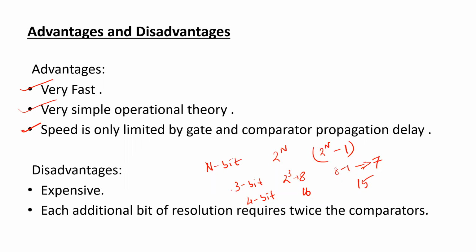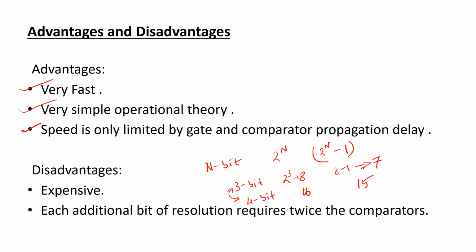So increasing 1 bit at your digital output almost doubles the requirement of the number of resistors and the number of comparators. If it is 5 bits, it will again double compared to the 4-bit case.